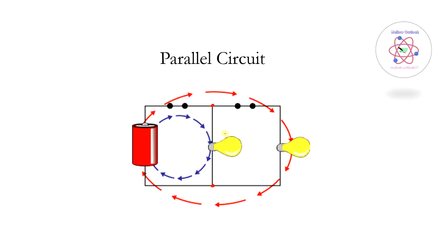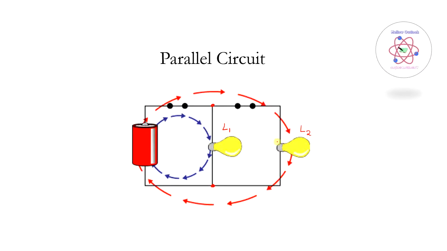So this is the lamp L1 and this is the lamp L2. These two lamps have these points in common, and we can clearly see that there are multiple paths for the flow of current.